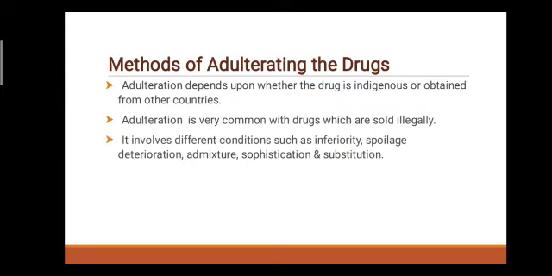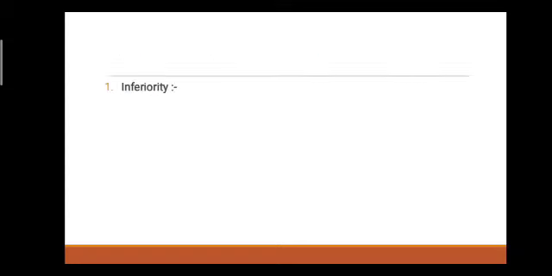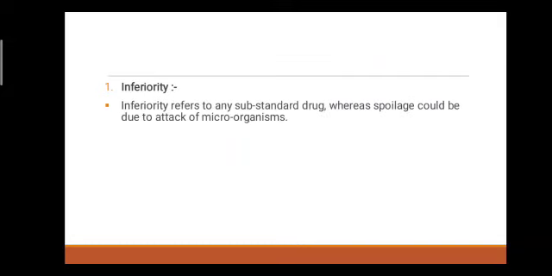It involves different conditions such as inferiority, spoilage, deterioration, admixture, sophistication, and substitution. The first, inferiority. Inferiority refers to any substandard drugs, whereas spoilage could be due to attack of microorganisms.